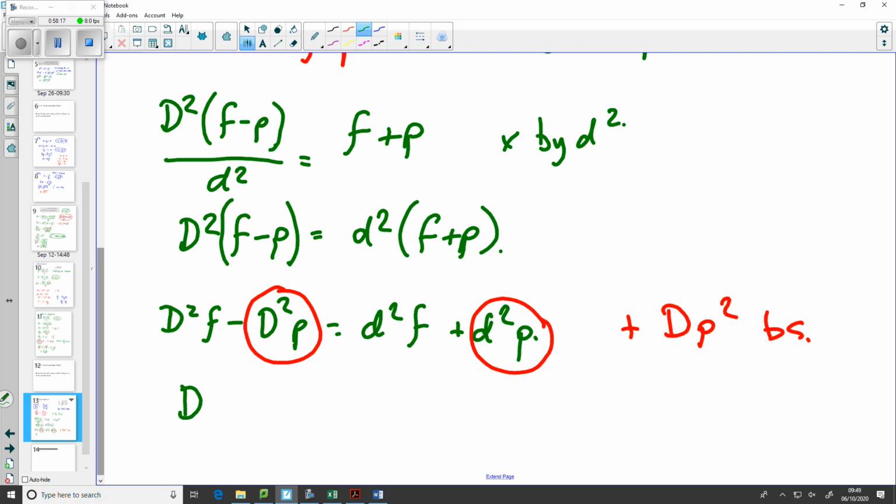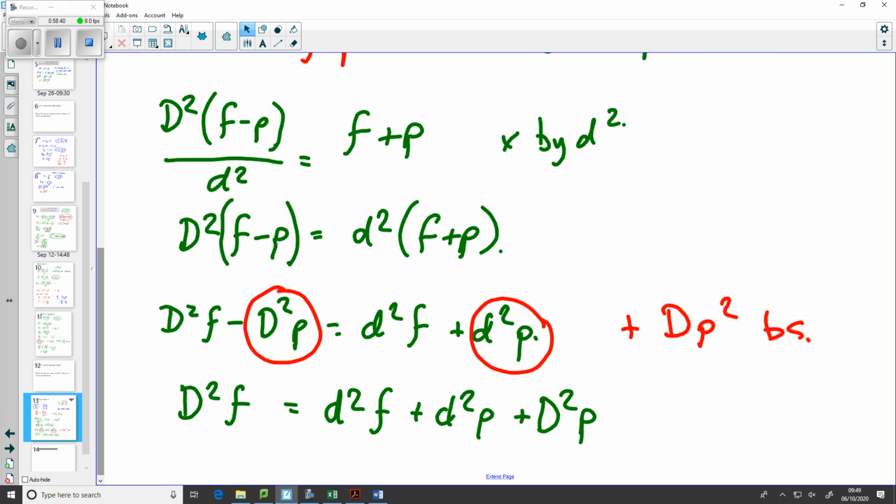we end up with big D squared little f is equal to little d squared little f plus little d squared p plus big D squared p. So we've got our two p terms together now, which is going to come in handy in a minute. What we want to do is get rid of this one, separate this one from them two.